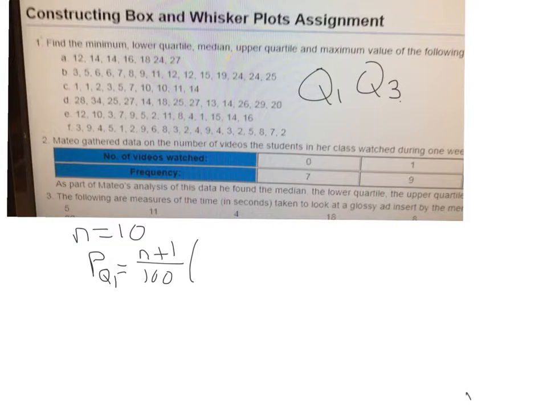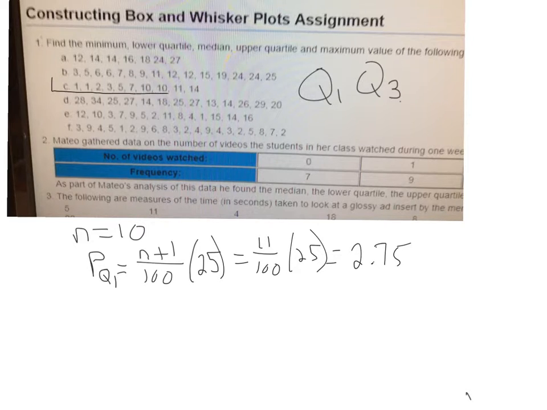The 25th percentile is Q1, so I'm going to use 25 there, okay? With this data, I got 11 over 100, because 10 plus 1, times 25, and so I end up at 2.75. That's the position where I'm going to find the first quartile in the set of data when they're written in order like they are in part C.